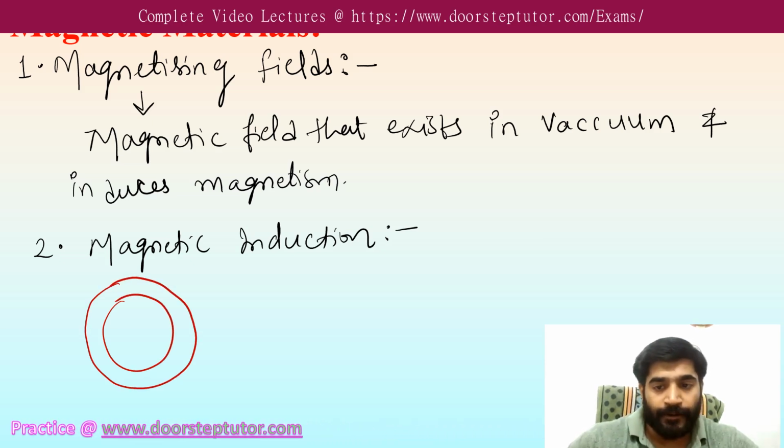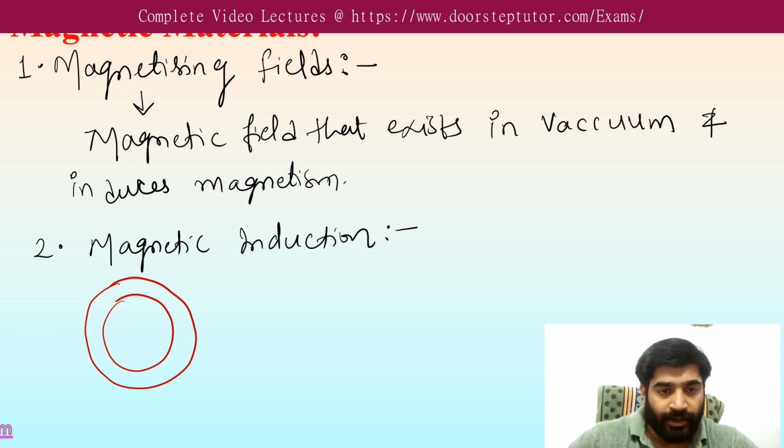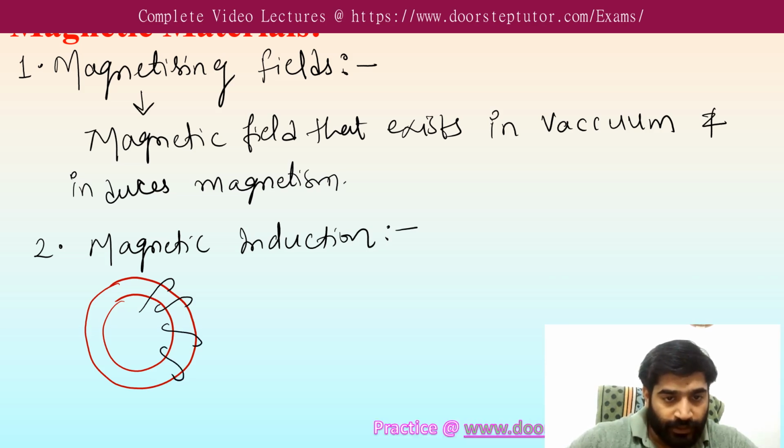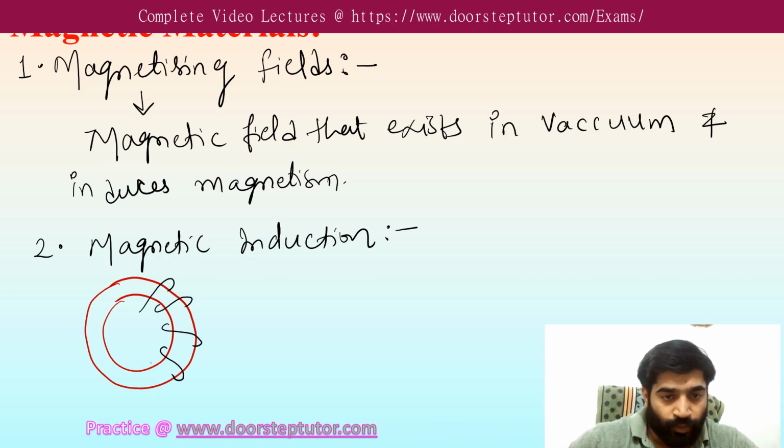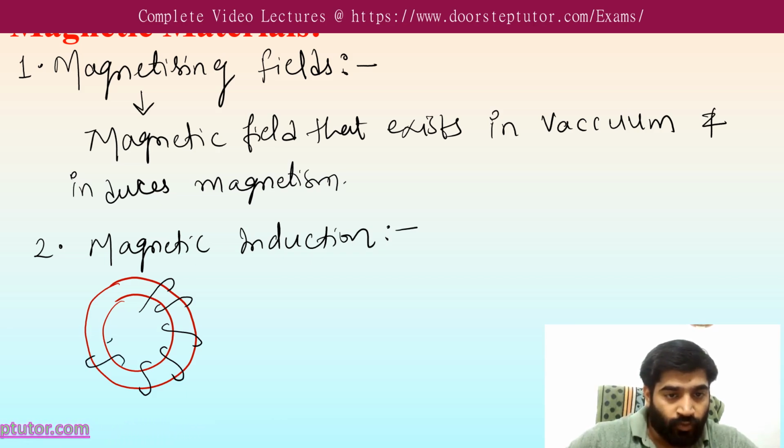This is your toroid, and over that there are loops of current. Whenever the current flows, this toroidal solenoid is bounded by a ring of magnetic material.